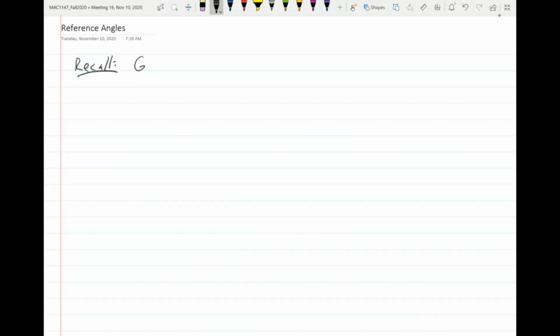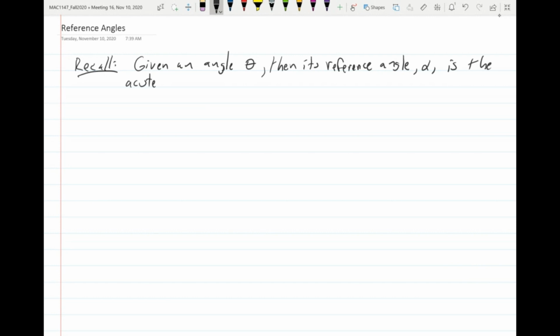So given an angle theta, its reference angle, let's call it alpha, is the acute angle formed by the terminal side of theta and the x-axis.